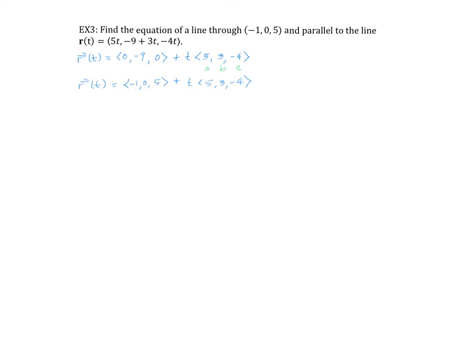And then I would just combine this to write this as -1 plus 5t, 0 plus 3t, 5 minus 4t.